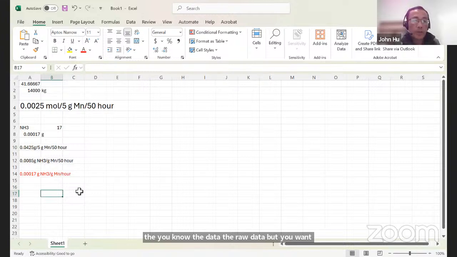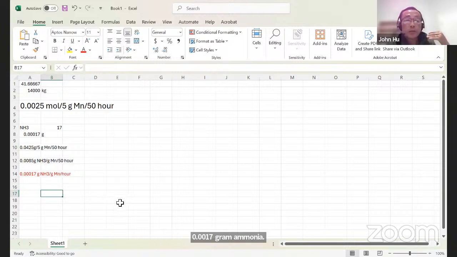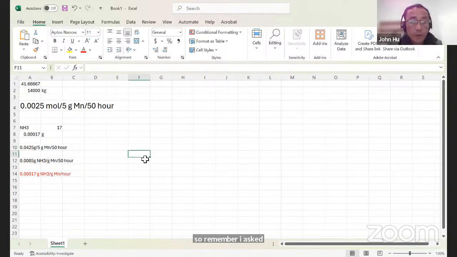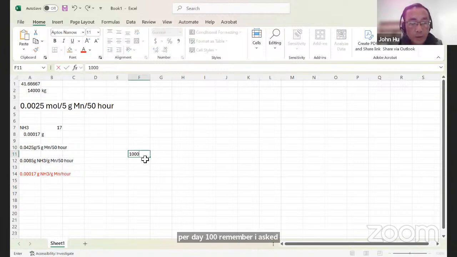So now it becomes clear. Basically in 1 hour, 1 gram of manganese will produce 0.0017 gram ammonia. Remember I asked you 100 kg per day and how much is needed.